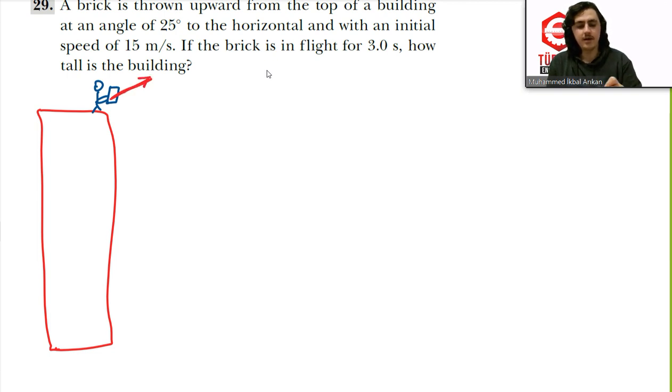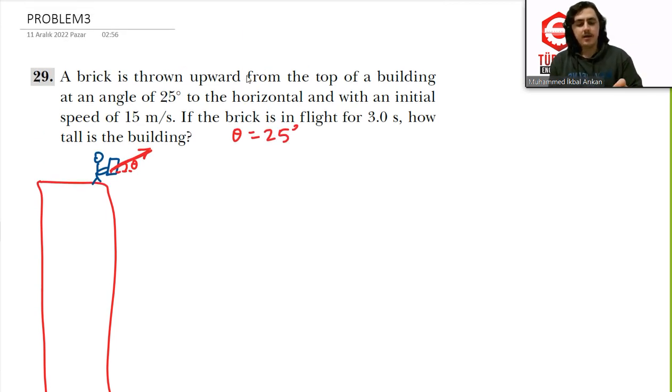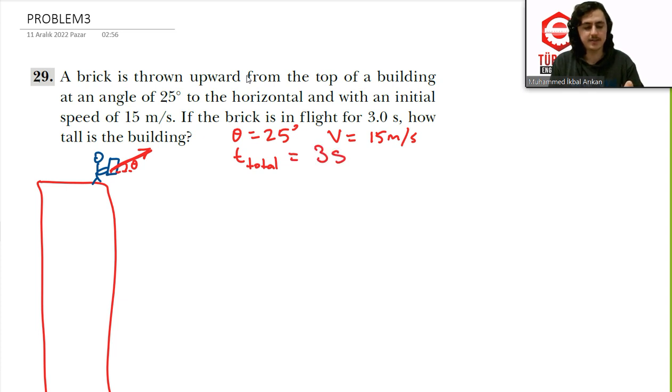The angle theta is 25 degrees, and the initial velocity is 15 meters per second. The flight time, T total, is 3 seconds.